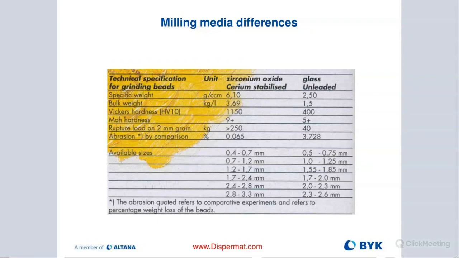The glass breaks, unfortunately. Customers using glass beads tend to break them over time, and you end up with shards in the mill base. They wear much quicker. You can see the hardness of 400 versus almost 1200, so the zirconia bead is about 3 times harder on the Vickers hardness scale.